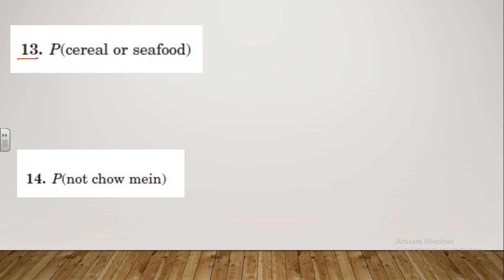Okay, let's see question number 13. He wants you to find the probability of cereal or seafood. Do you remember when we see "or," that means what? That means plus. So let's find the numbers of those two things. Let's get back to the table.